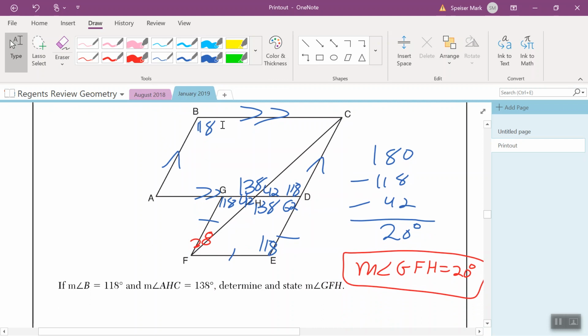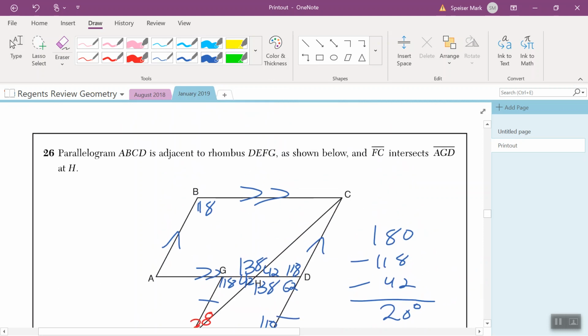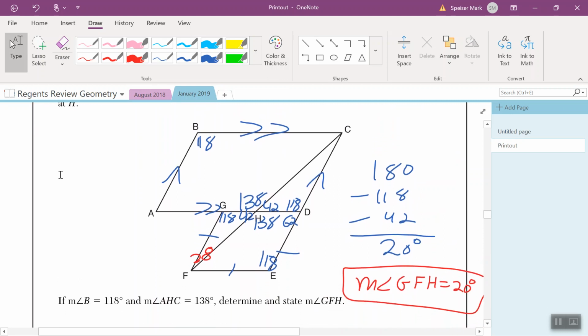They tell you this angle is 118, so also angle D is 118. They also tell you that angle AHC is 138 degrees. We want to determine the measure of GFH, which we'll notice is 20 degrees at the end.